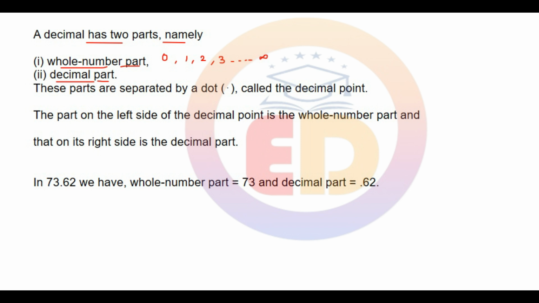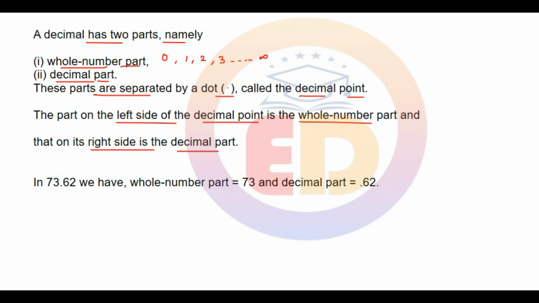These two parts are separated by a dot, and this dot is called the decimal point. The part on the left side of the decimal point is the whole number part and the part on the right side of the decimal point is the decimal part.